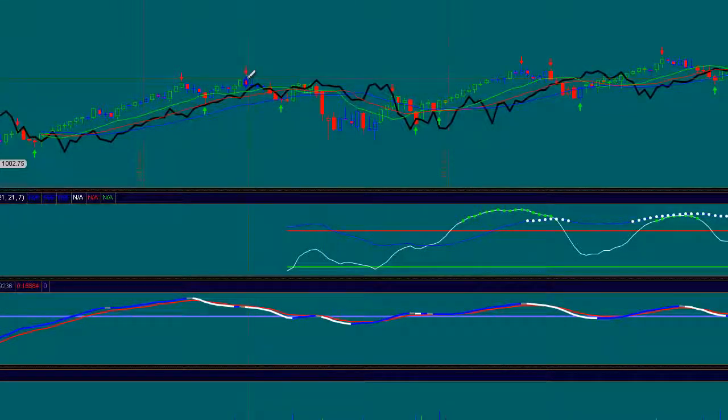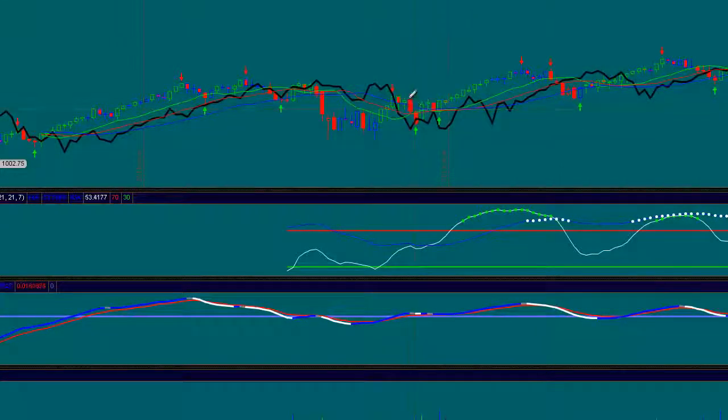As long as the high is the highest of this 5-bar sequence, then it's a sell. So you don't want to be going short when you're above the alligator's jawline. And the same is true, you don't want to be going long when below the alligator's jawline. As you can see, if you went long right here and you're underneath the alligator's jaw, you just got destroyed. It's not a good idea.